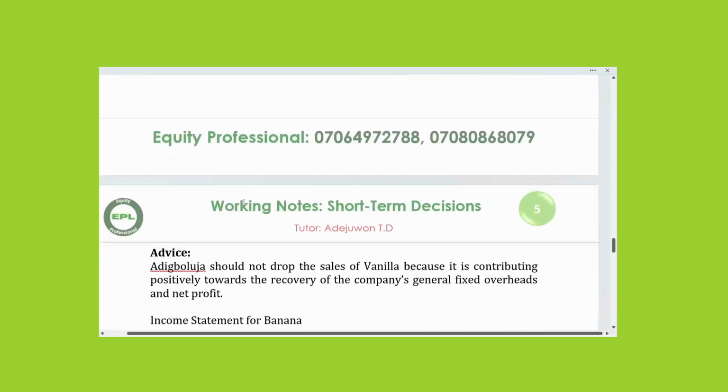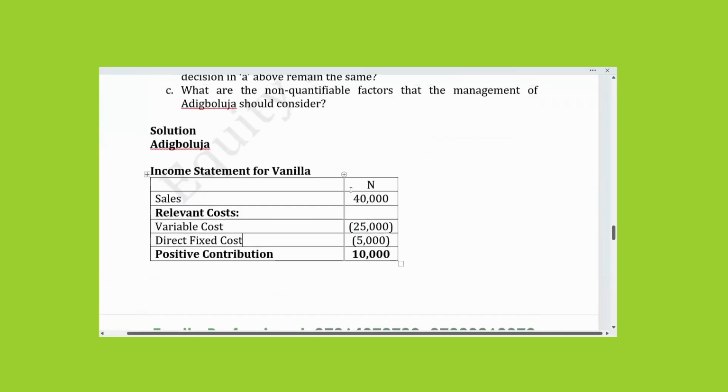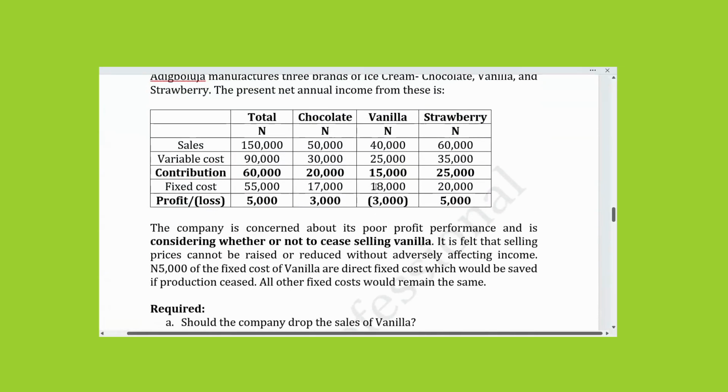So in my advice here, towards the recovery, when the company is preparing its income statement, its main profit or loss account, that's what I'm referring to. The general fixed overhead has already been incurred. Out of the 18,000 naira, we are told that 5,000 naira is direct fixed cost. That means the balance of 13,000 naira is general fixed overhead.